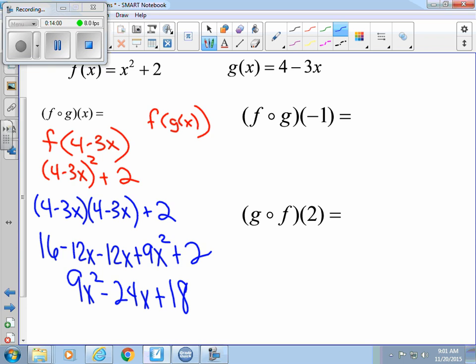So I get 9x squared minus 24x plus 8. So that one was tough. That's kind of the hard problem of the day. Any questions about that?